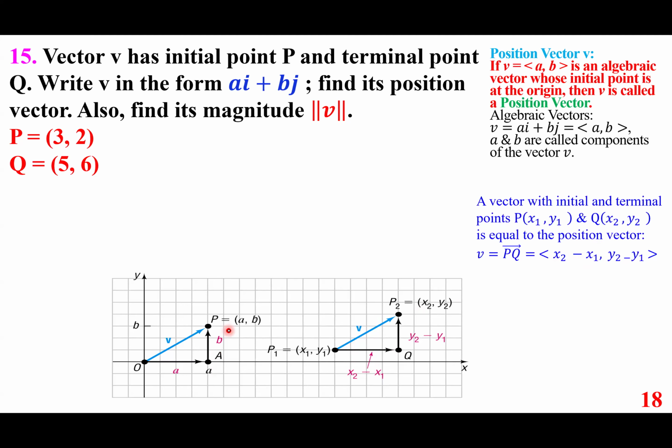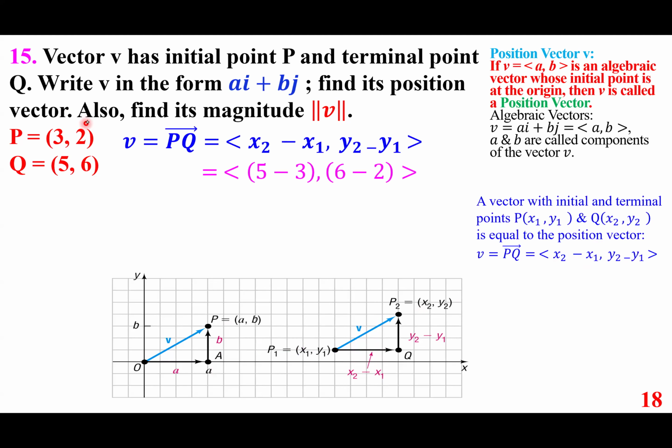Therefore, if we want to come up with the answer here, we're going to say 5 minus 3, 6 minus 2. And obviously, we get 2 and 4. Or we can say (5 minus 3)i plus (6 minus 2)j is 2i plus 4j.